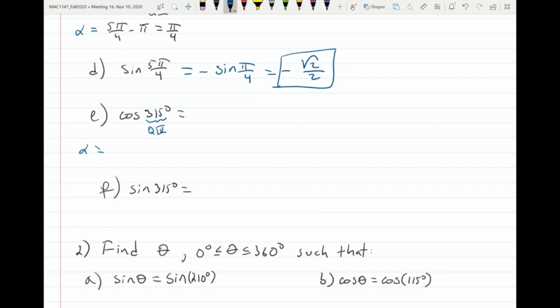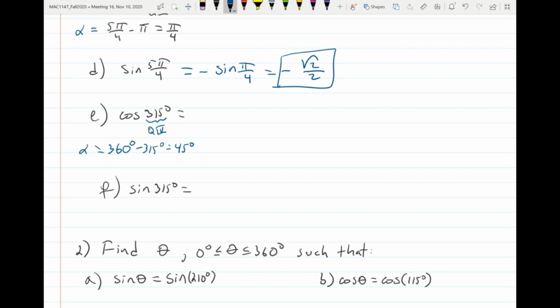What's alpha? 45 degrees, very good. So remember, in quadrant 4, what's the reduction formula? Do 360 minus your angle.